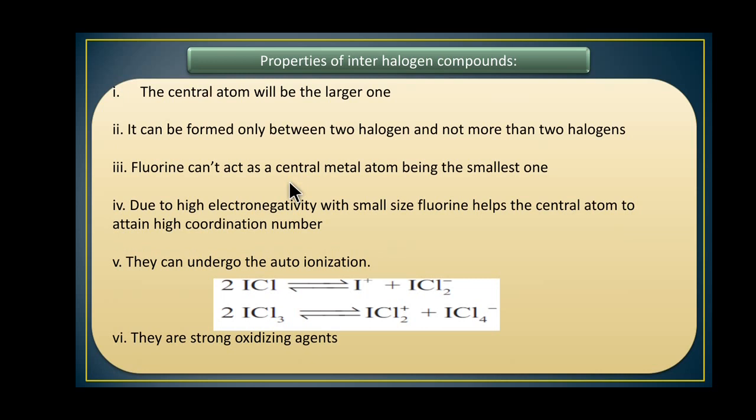What are the properties of interhalogen compounds? We are going to discuss them. In the geometrical structure, the central atom will be the larger one. It can be formed only between two halogens and not more than two halogens, whether it is AB type, AB3 or AB7.